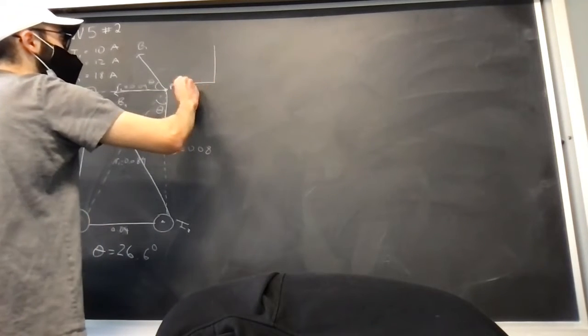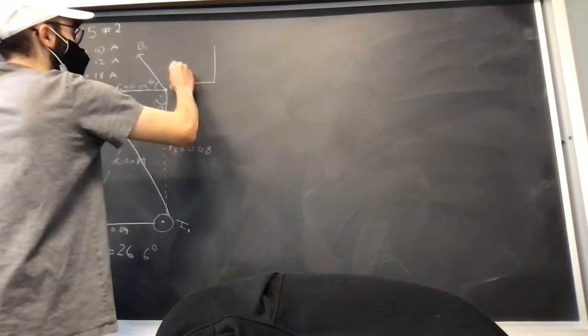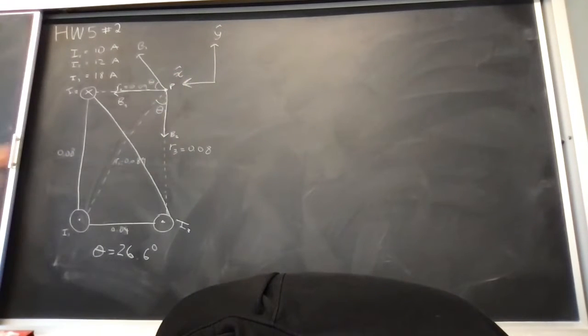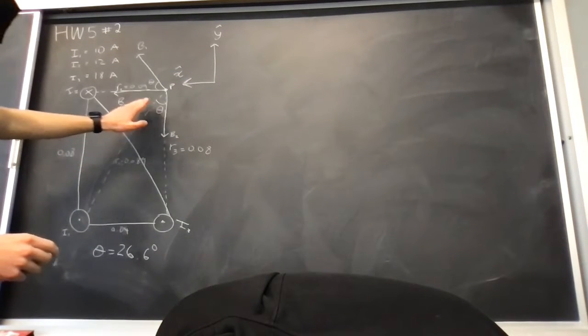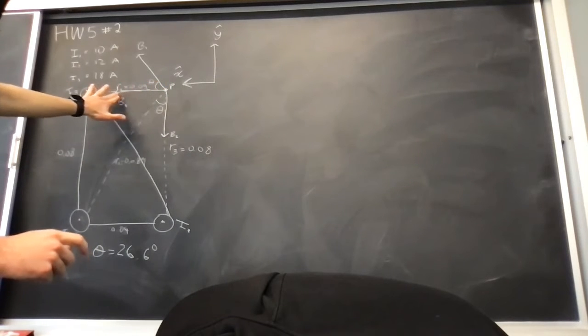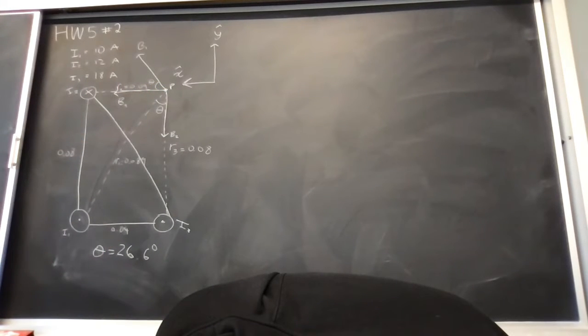I'm going to draw my coordinate system. I'm going to point the x leftward, and that's just because I want to work with positives. I can see everything in the x direction, that being B3 and the x component of B1, are both pointing leftward. So I want to aim my coordinate system leftward so that I'm dealing with positives only.